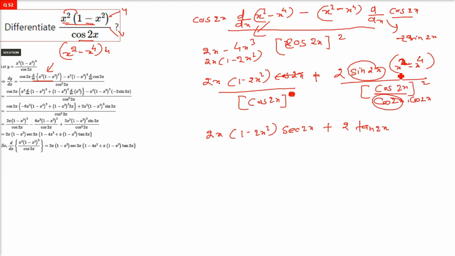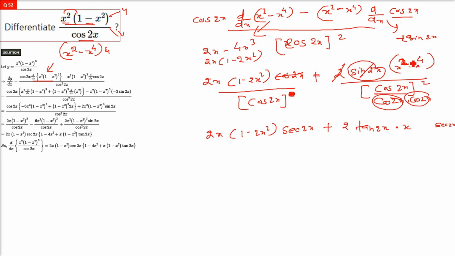You can just directly write it, or you can take something common from here. You can take x common. I'll take all of it common. That is 2 sin 2x cos 2x. One of these I've written already, one cos 2x will remain. This cos 2x, when it goes up, it will be sec 2x.